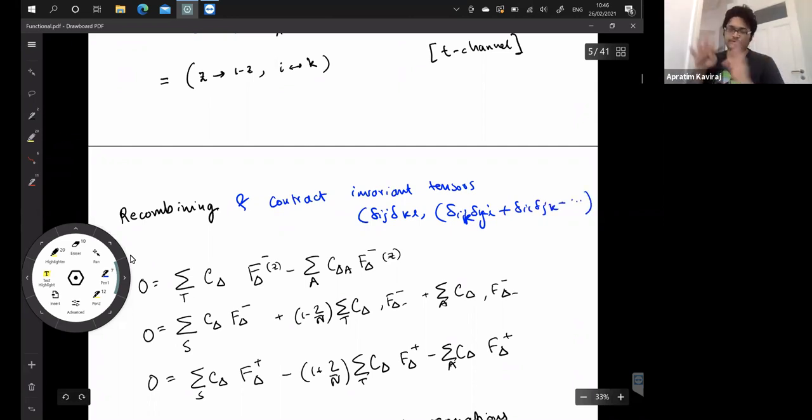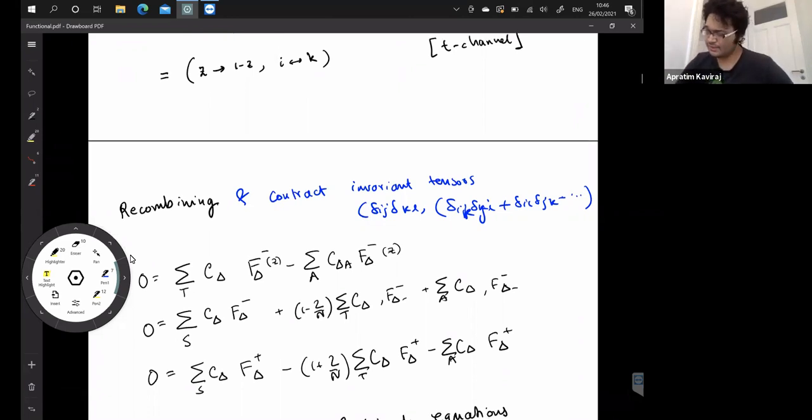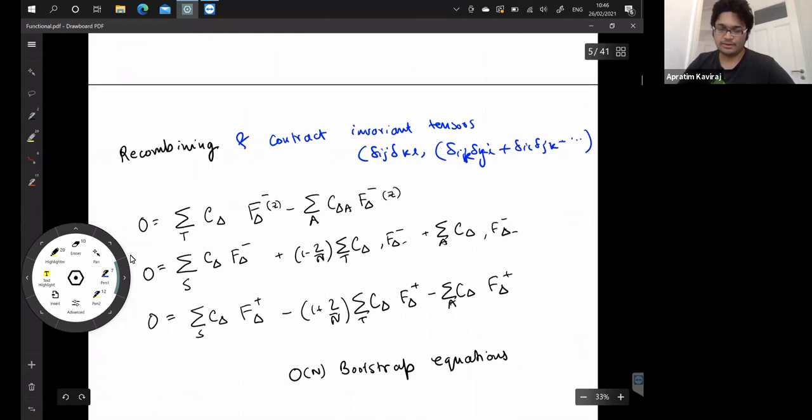So you have to contract with these invariant tensors, and this would give you the O(N) bootstrap equations. There are 3 of them, because there are 3 sectors.